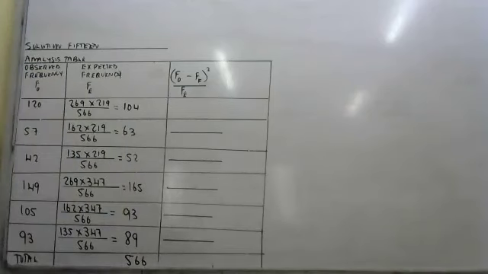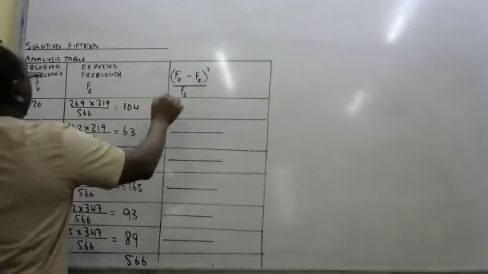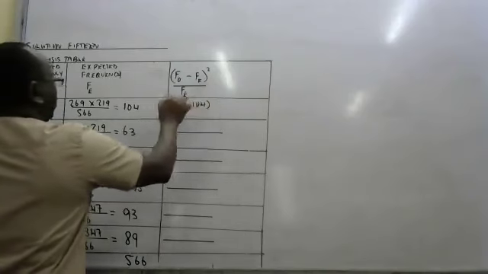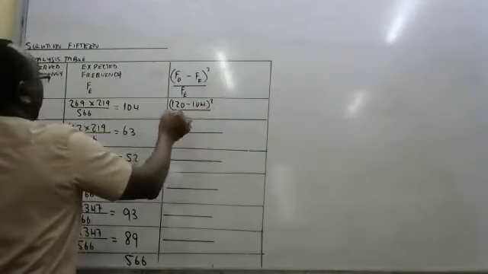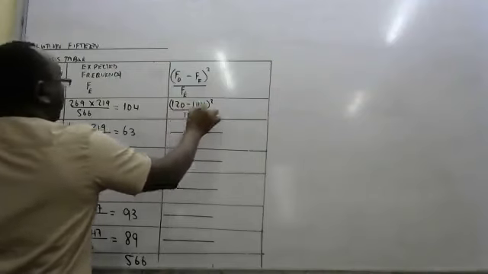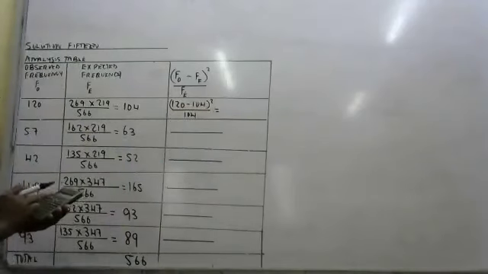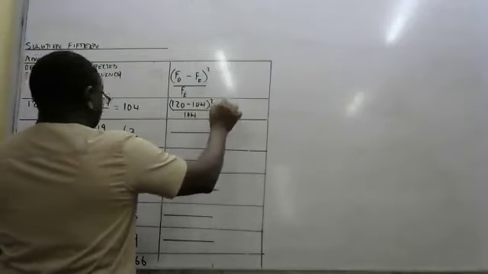So sasa hii nayo itakuwa 120 minus 104, you square that answer, you divide by 104, and get 2.